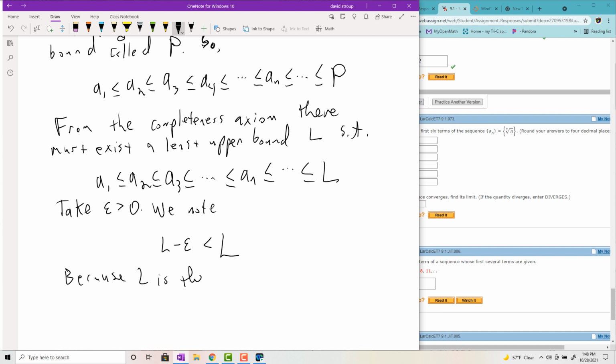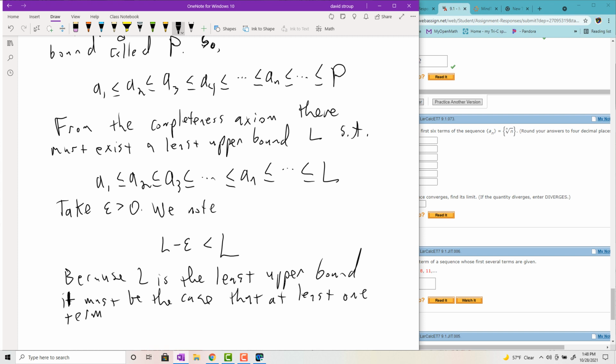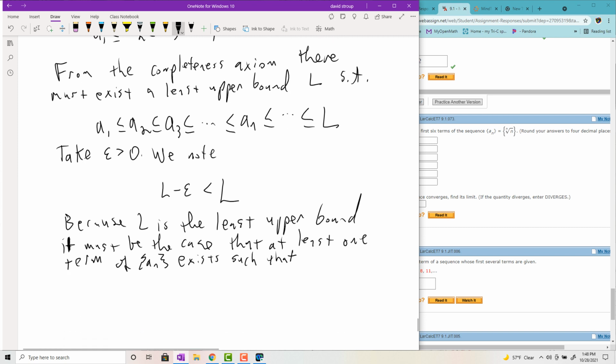So because L is the least upper bound, it must be the case that at least one term of the sequence a sub n exists such that, and let's call it a sub big N, this thing is bigger than this a sub big N, because if that was not true, then L minus epsilon would be the least upper bound.